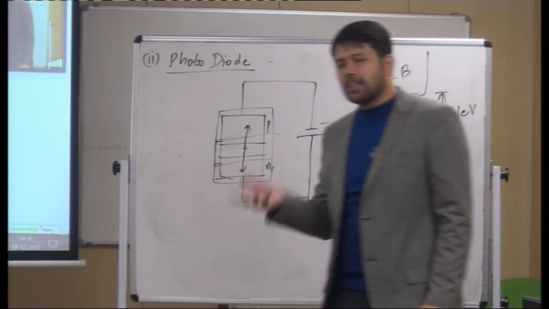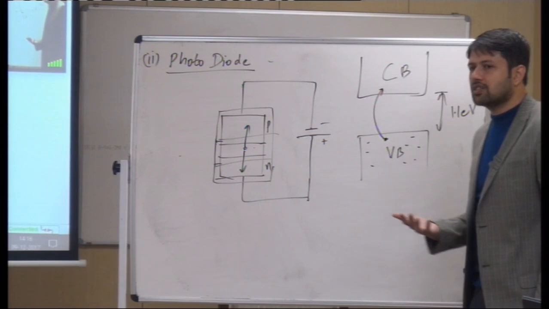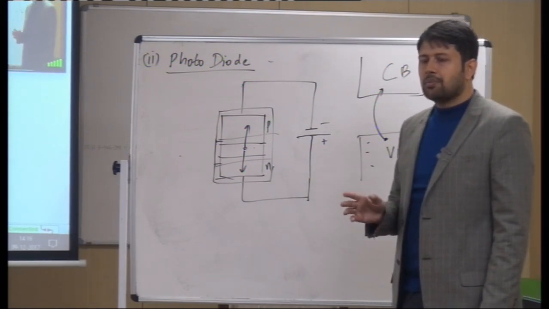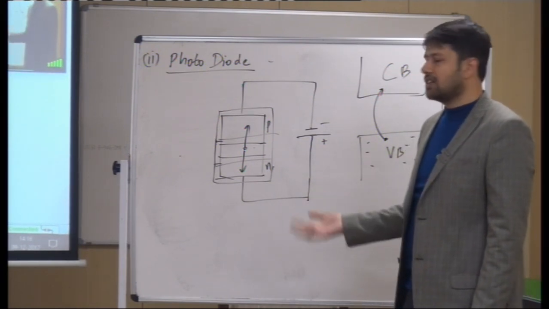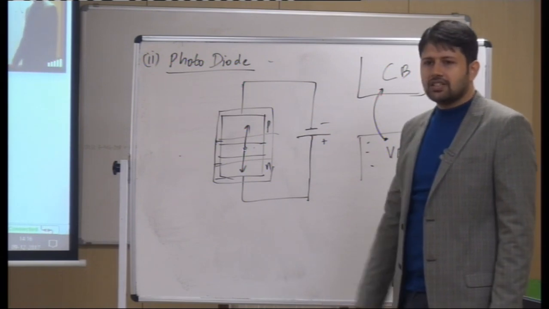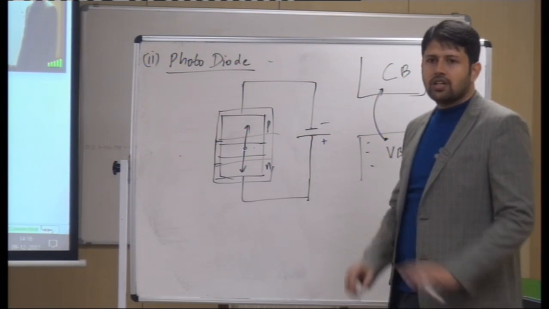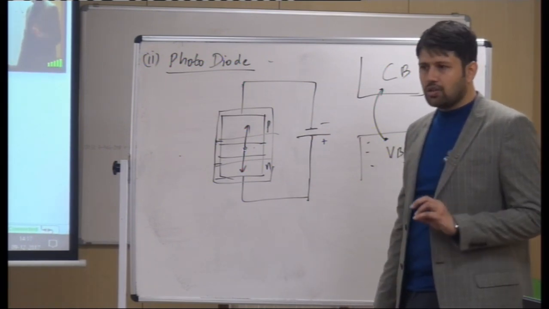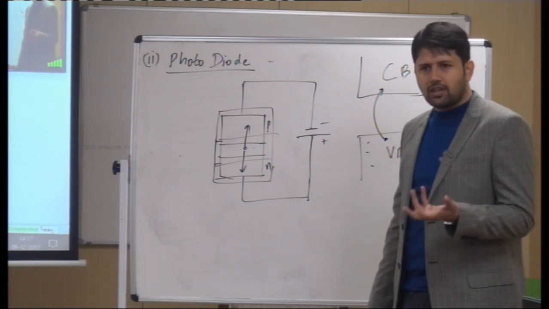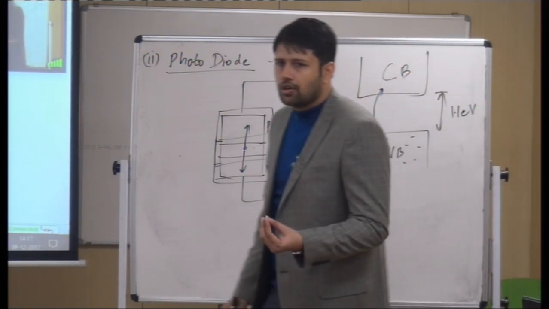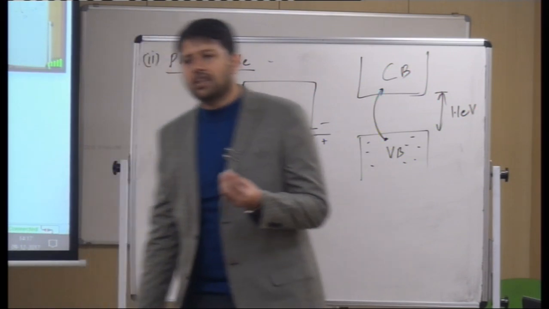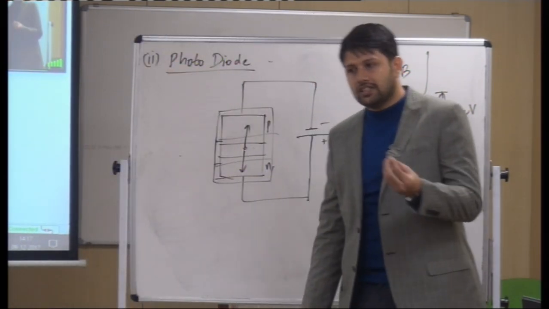This would happen even in forward biased mode as well, but we particularly use it in reverse mode. The reason is, in reverse mode, the current is very low. It is reverse saturation current, which is very low, microamperes. So even if there is a very small increase in current, it is easily noticeable.